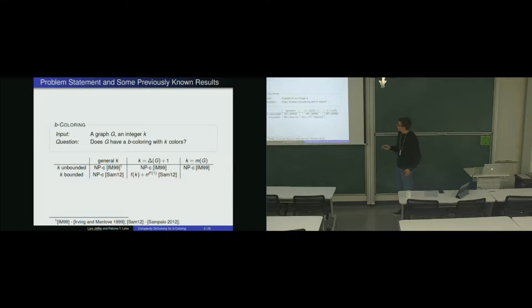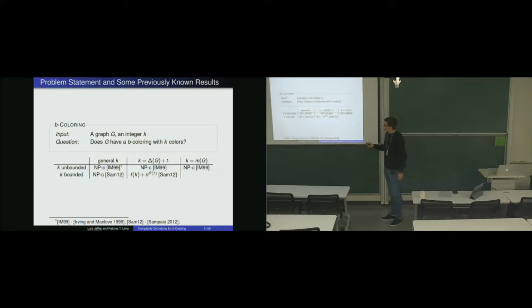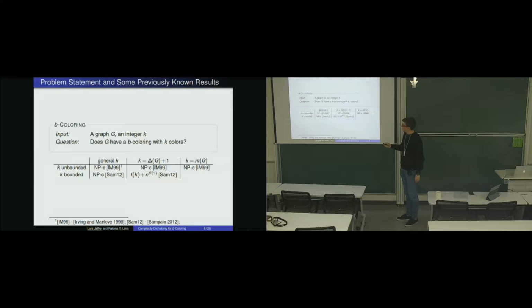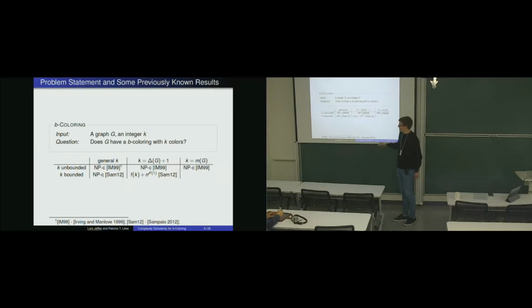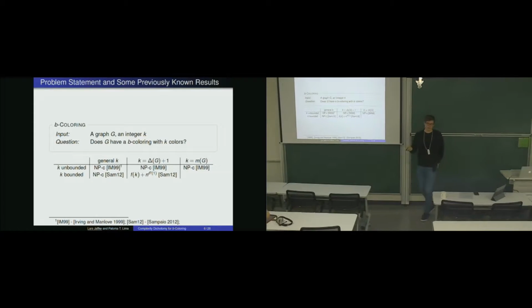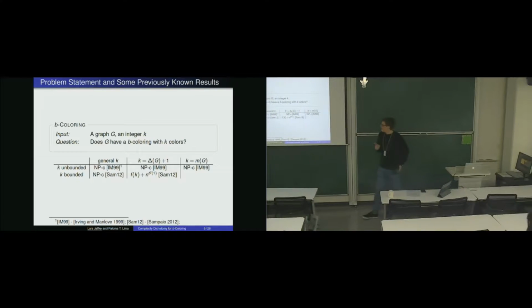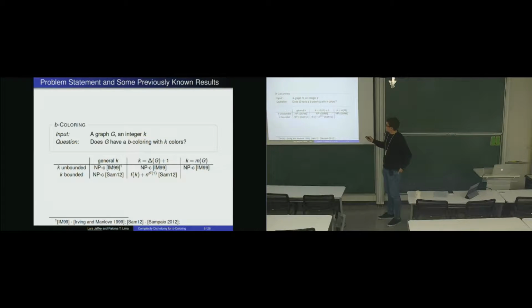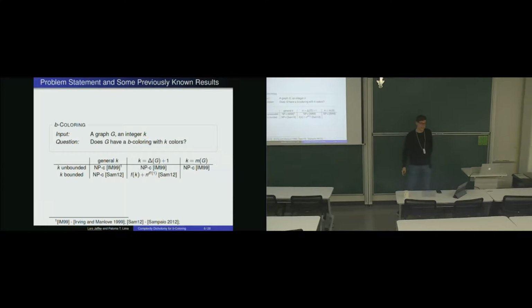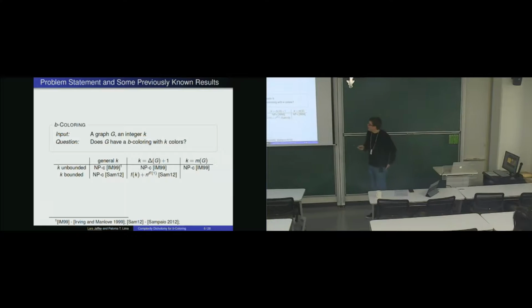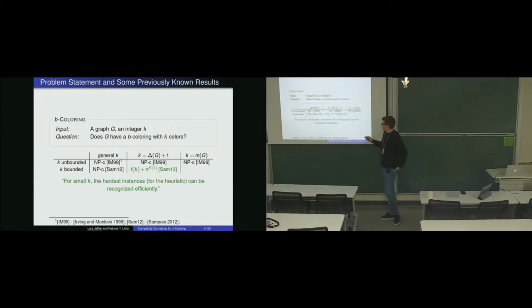Right, and then if we look at small values of k, so if k is bounded, then for general k this problem remains NP-complete for any fixed integer k. But if we want to answer the question whether our graph has a b-coloring with maximum degree plus 1 colors, then we can do this in f of k plus some polynomial of n time. And now let's look at this result. What does this mean intuitively?